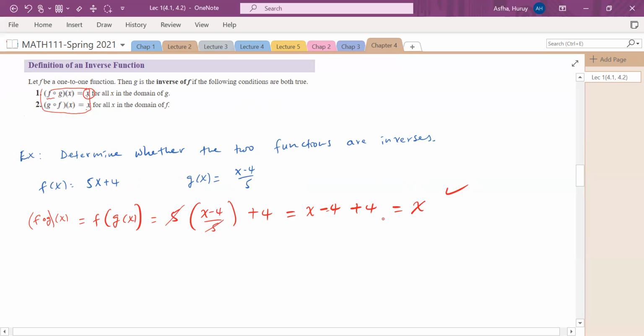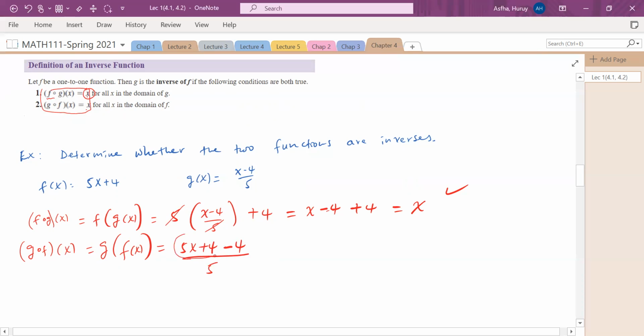Therefore, this is true. And the second is g of f of x. So we substitute f of x as a whole in place of x. So that becomes 5x plus 4 minus 4 over 5.